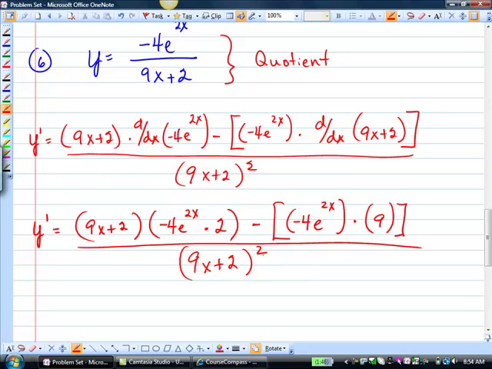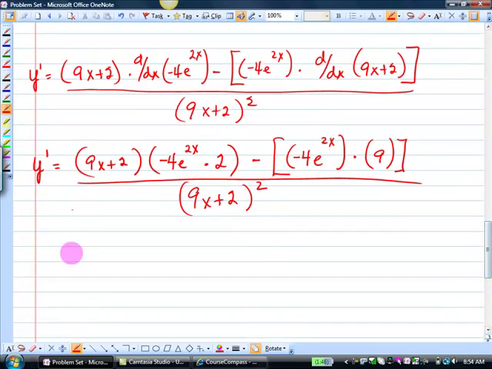Okay. So then it's a matter of just multiplying. So we have 2 times this is negative 8 times this. So what are we going to end up with? We should end up with negative 72 x e to the 2x. Everybody see where I got that one? I multiplied 2 times this thing.